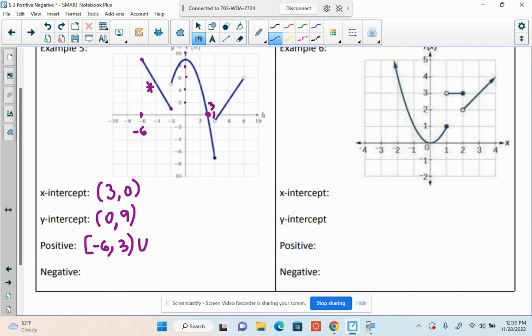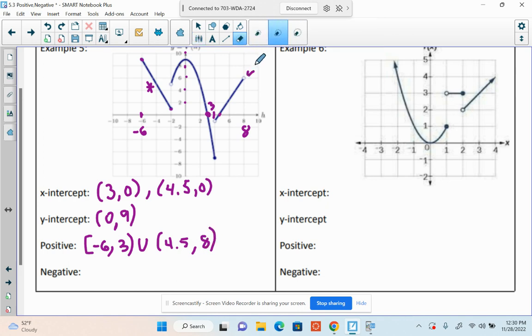And let's see. Oh, I did have another x-intercept that I missed. Look, it's right there. That's 4, not quite 5. We'll call it 4.5. So we pick up positive again at 4.5, but we end at 8, not including the 8 because that's an open circle. See that open circle right there? You can't include the 8.